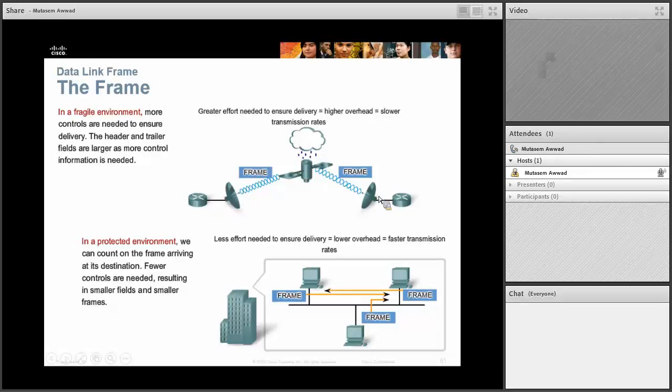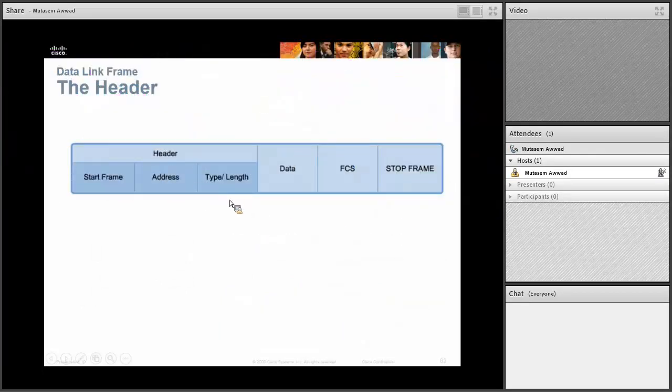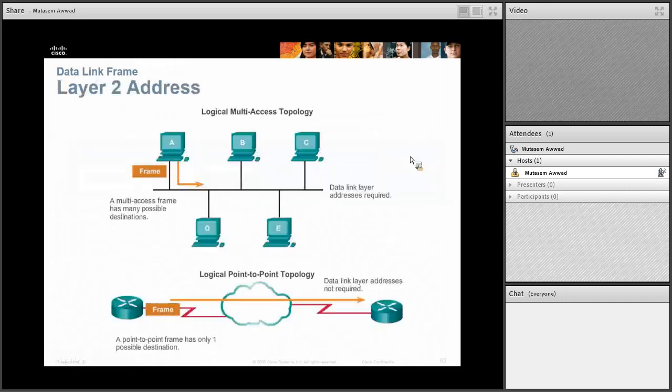We'll talk about that in a few minutes. This is your data, your layer 3 packet. Anything you stamp on the left of the packet is called the header of the frame. Anything that you stamp on the back of the packet is called the trailer.